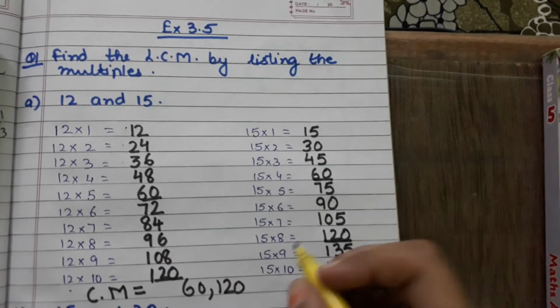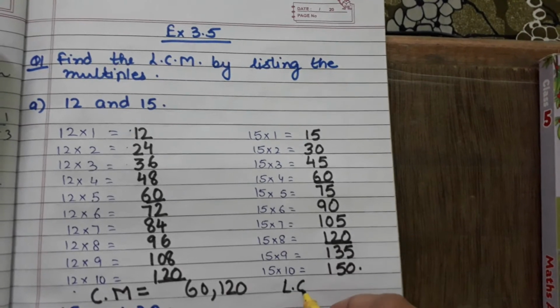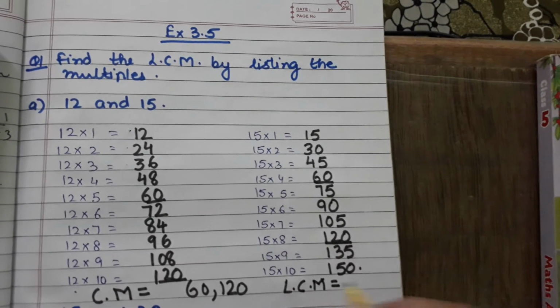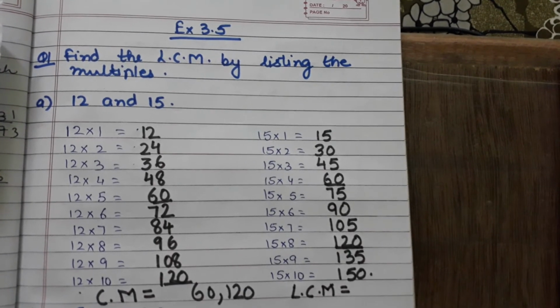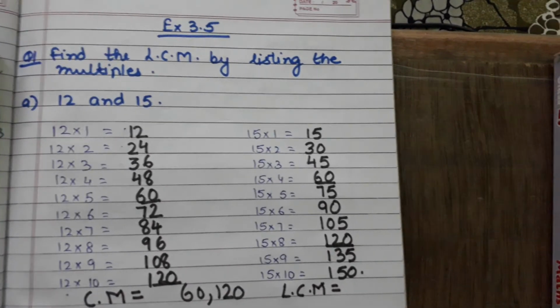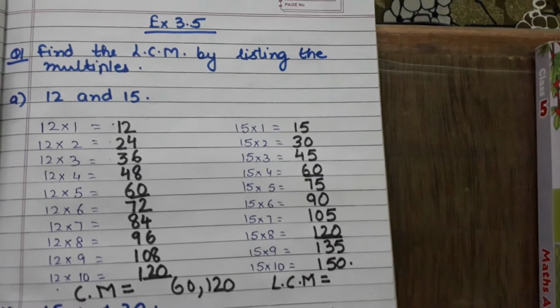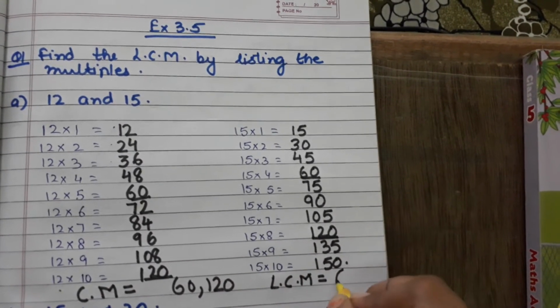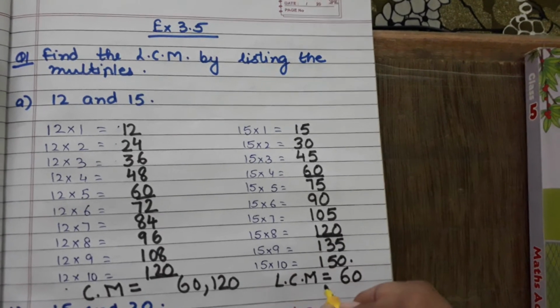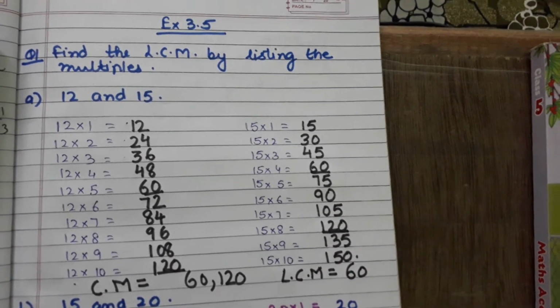Fine. Now we have to see which one is the least. We have to find the LCM, so we have to see which is the lowest number between 60 and 120. So it is 60. So our LCM will be 60.